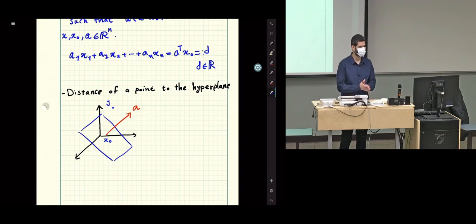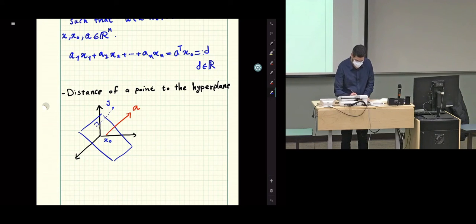Now the distance is the shortest line that will go through the plane from that point. Okay, and shortest means the line that is orthogonal to the plane. All right, so we know that. And how can we calculate that?